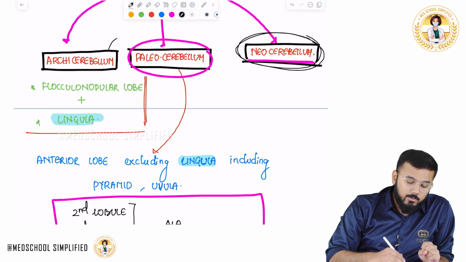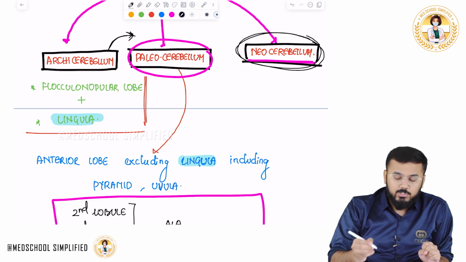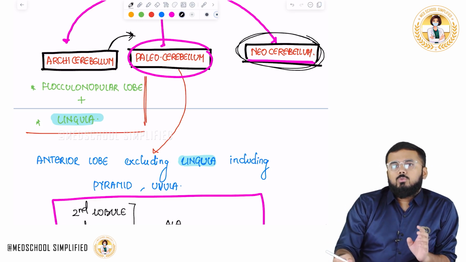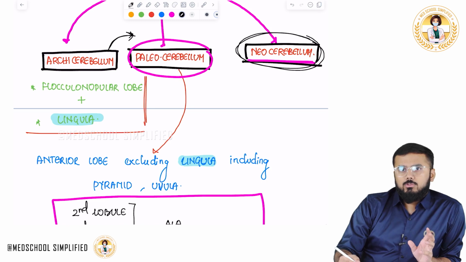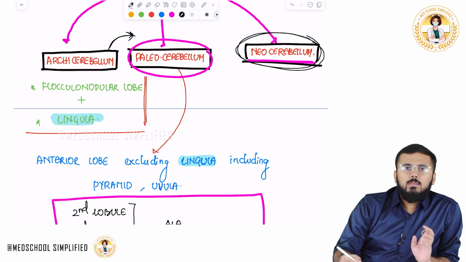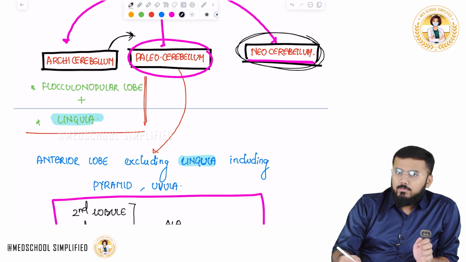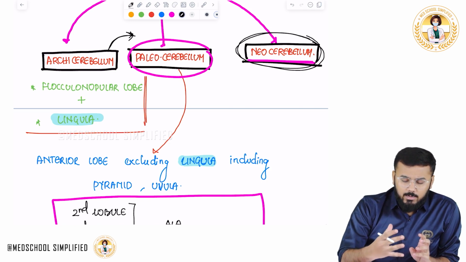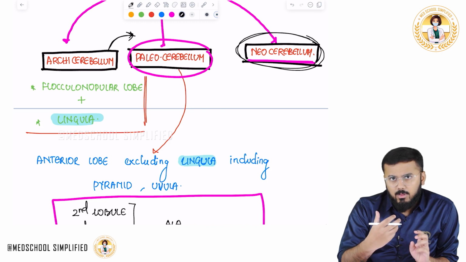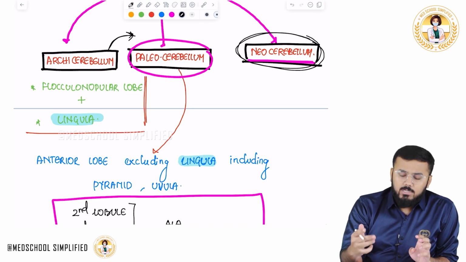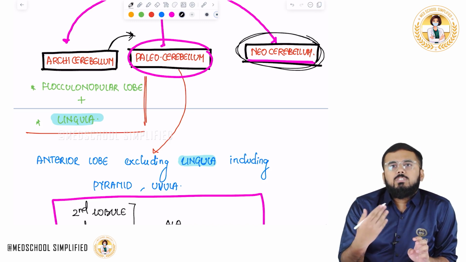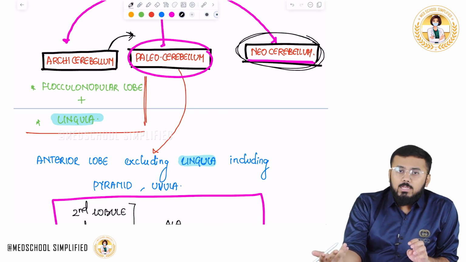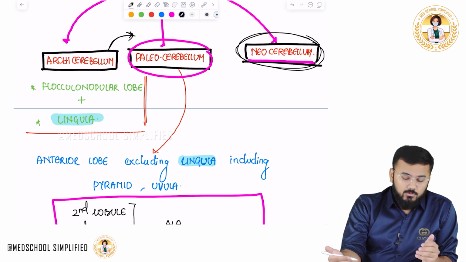After the formation of the archicerebellum, the cerebellum which is formed is the paleocerebellum. So within cerebellum formation, the first formed part in the baby is the archicerebellum. After that, as the developmental process takes place, slowly the paleocerebellum develops, and at last the neocerebellum develops. The cerebellum developed last is the new, and the one developed first is the old.